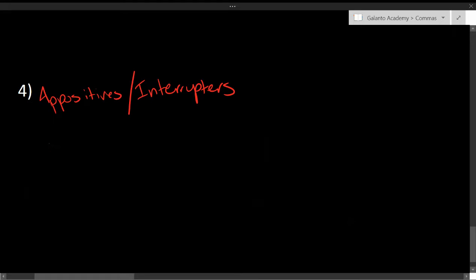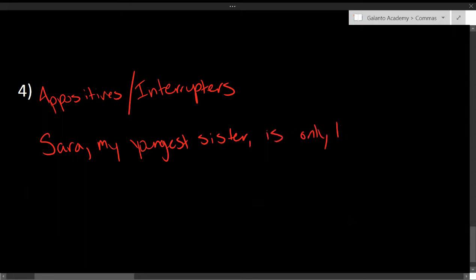And again, this is a very quick overview, but that could be when you're renaming a noun that's already in the sentence. So, Sarah, my youngest sister, is only 17.